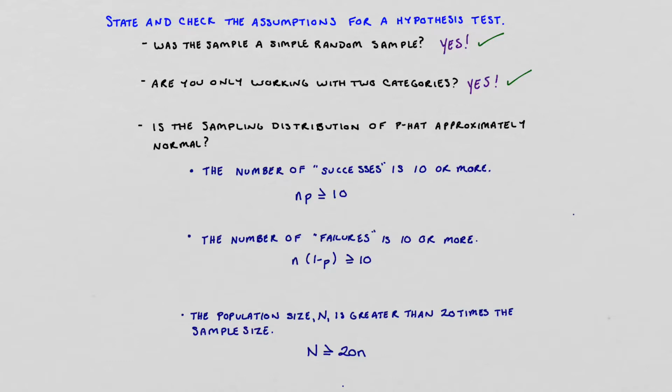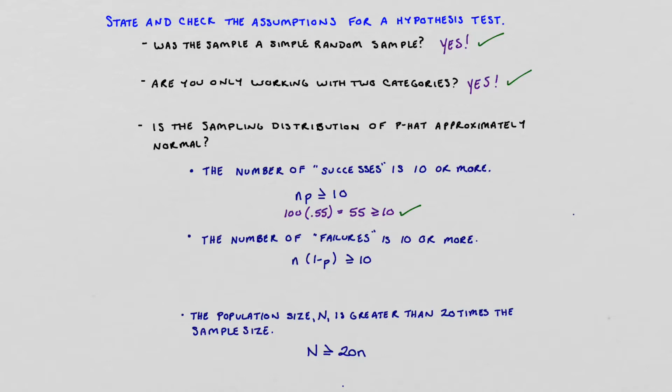So for our sample size, we know that we are working with 100 people. And with our population proportion, we are going to use 0.55. This ends up giving us 55, which we know is greater than or equal to 10. So this checks out. So we do have more than 10 successes.